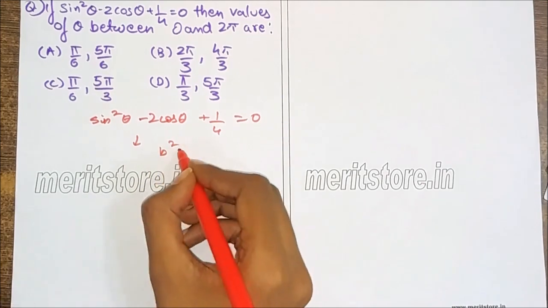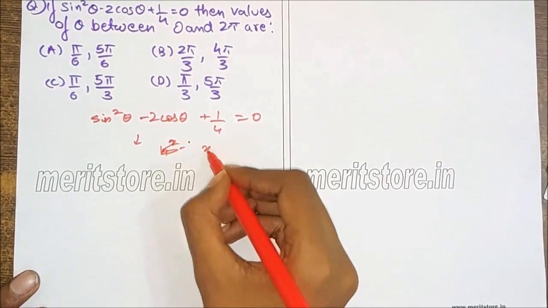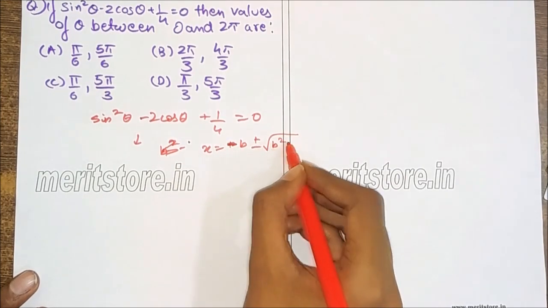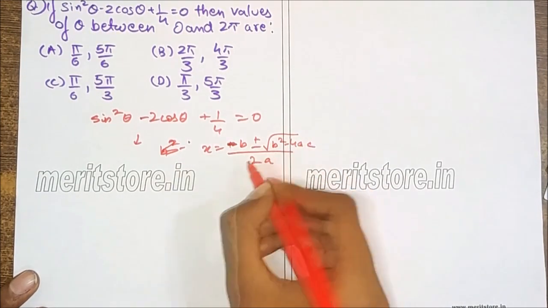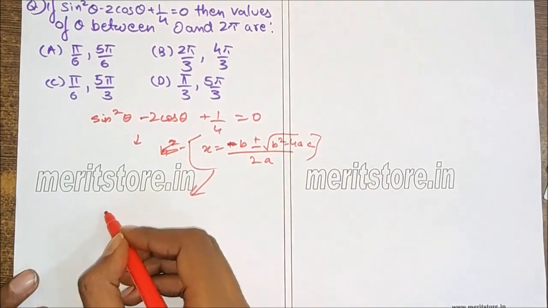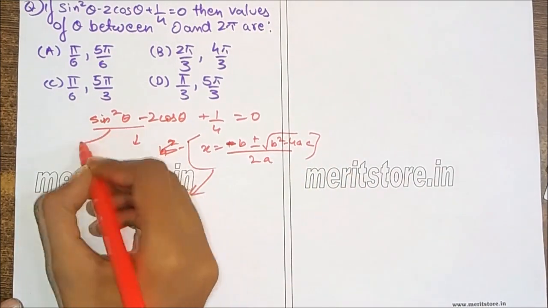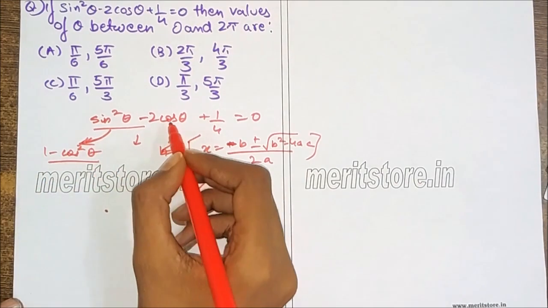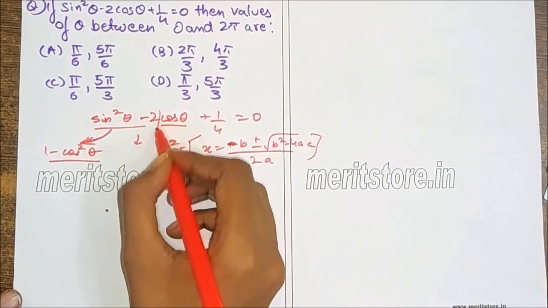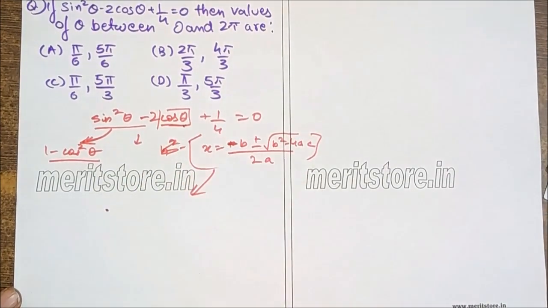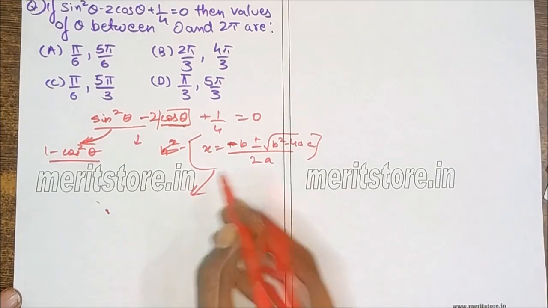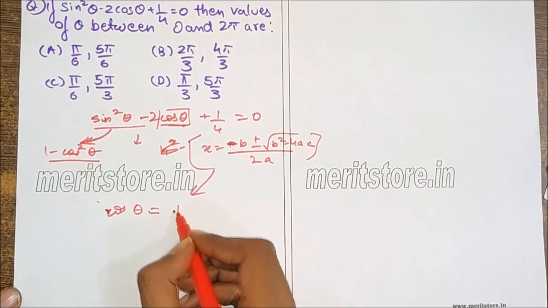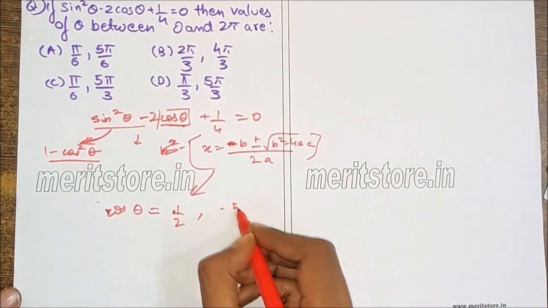By using the formula x equals minus b plus or minus root of b square minus 4ac by 2a, and first writing sin square theta as 1 minus cos square theta, we get a quadratic equation in terms of cos theta. So we get the roots as cos theta is equal to 1 by 2, minus 5 by 2.